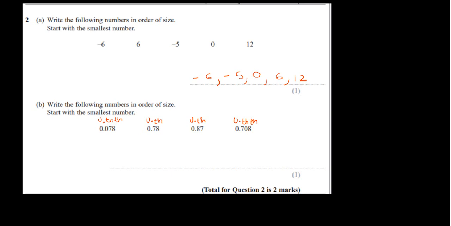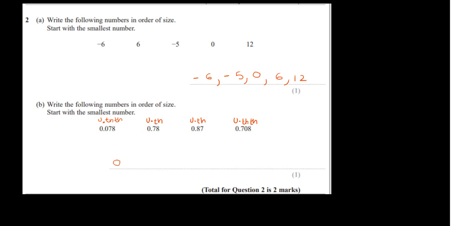We'll go to the next place value, which is the tenths. It says start with the smallest number, so we're looking for the one with the smallest tenths. This tenth is 0, this tenth is 7, this tenth is 8, this tenth is 7. So our smallest number is the one with the tenth which is 0.